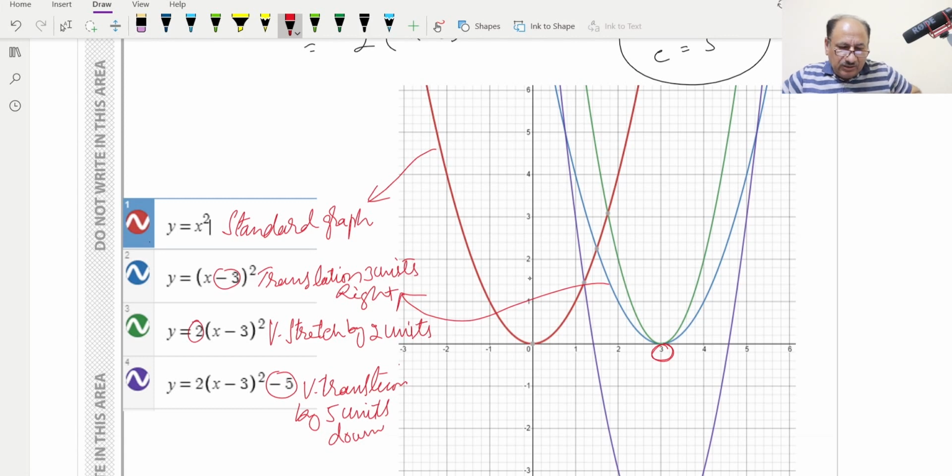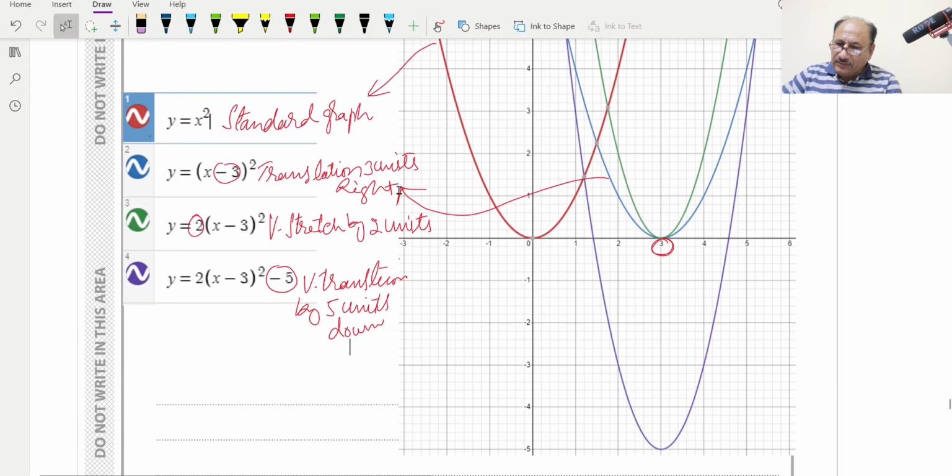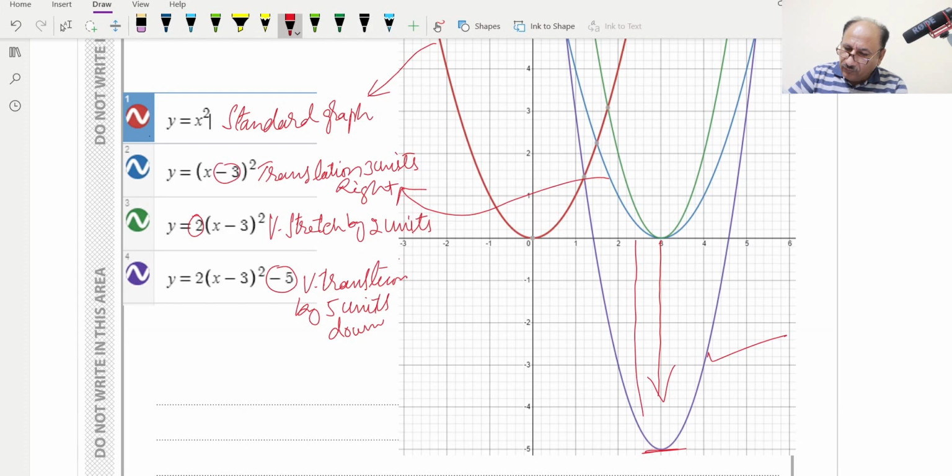These are basically the translation steps, and you can see this graph is moved 5 units down from here up to this one: 1 unit, 2, 3, 4, and 5 units. So finally, this is the translated graph. The original graph was this red one, and after transformation we got this graph.